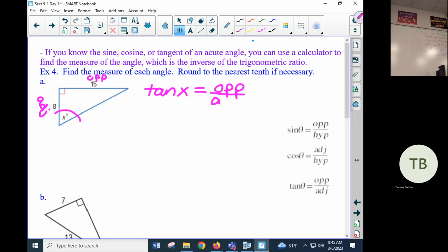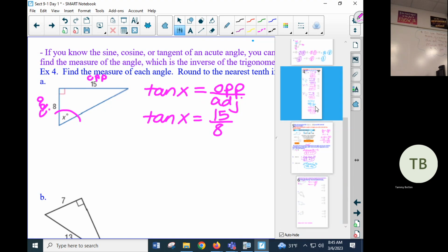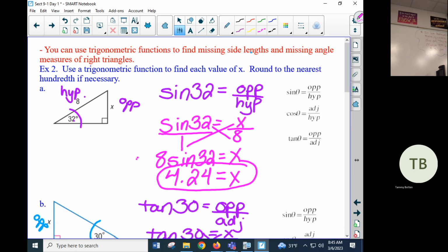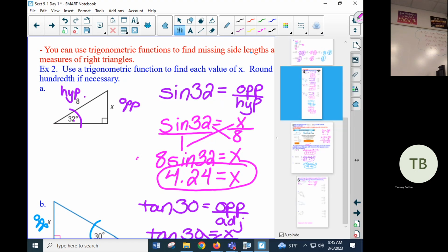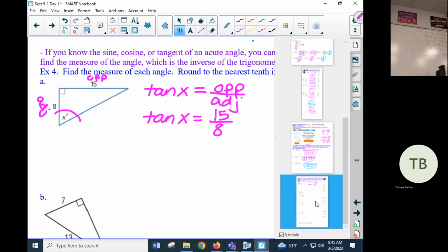And you guys can skip this step. So you'd go tangent of X equals 15 over 8. Now, so that you understand the difference, back here, when we were looking for one of the sides, my X was over here and I did cross products. Notice I know my angle for these. For this type of problem, what I'm looking for is my angle. And whenever you're looking for the angle, that's when you have to go second tan or second cosine.